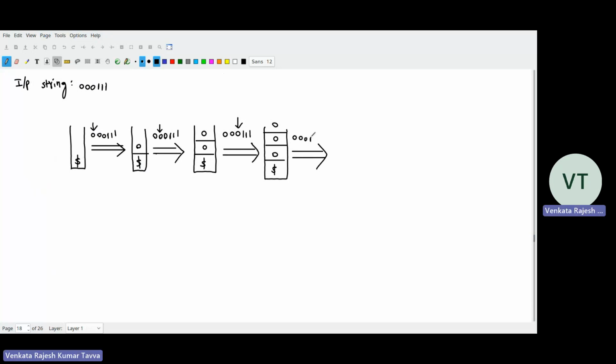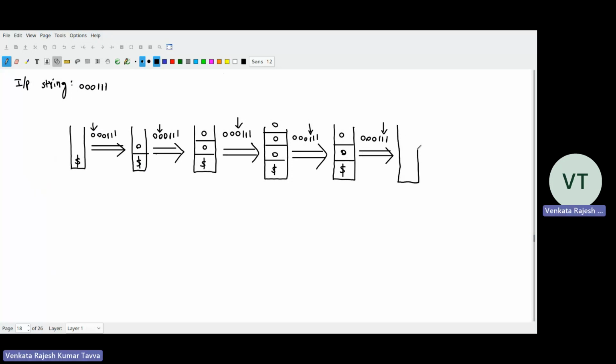Now my read write head is on the first 1. So my input symbol is 1 and 0 is on top of the stack. What should I do? Pop this 0. Now the read write head is on the second 1.